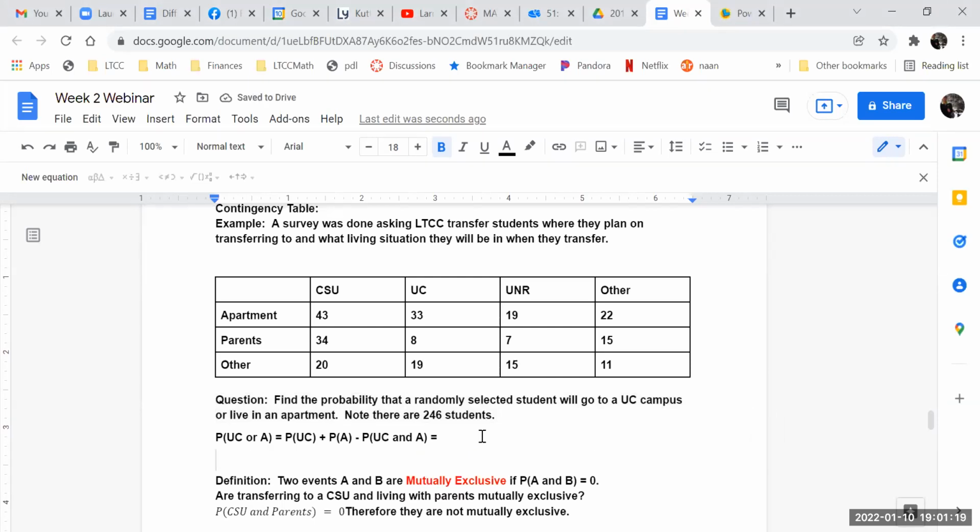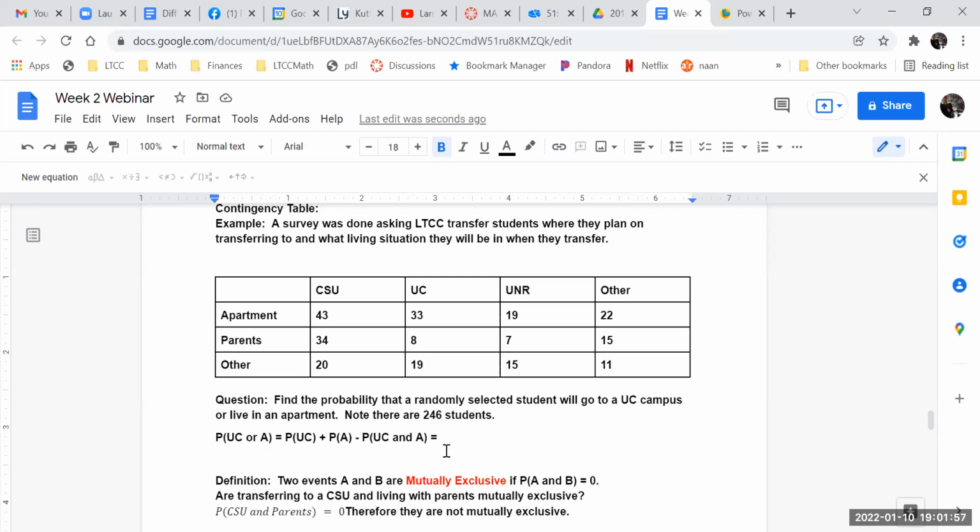All right, now I'm going to give you another formula. I'm doing it with this example, but it works for any example. The probability of going to a UC campus or living in an apartment, using UC or A for apartment, is equal to the probability of going to a UC campus plus the probability of living in an apartment minus the probability of going to a UC campus and living in an apartment.